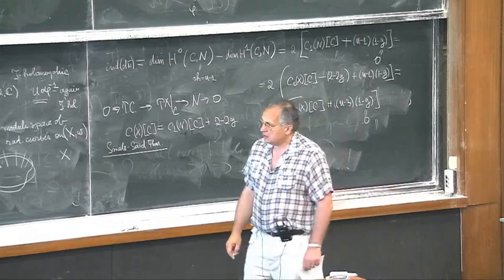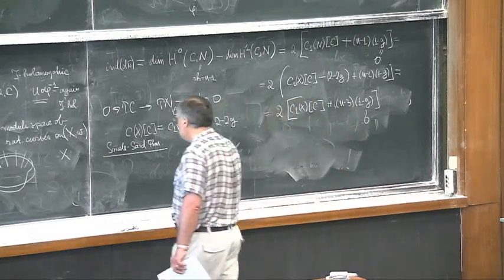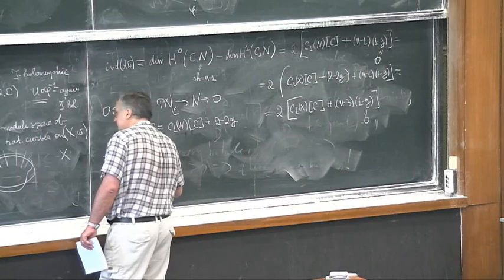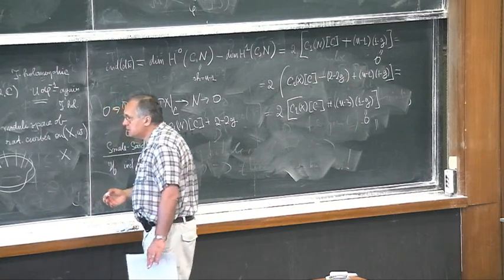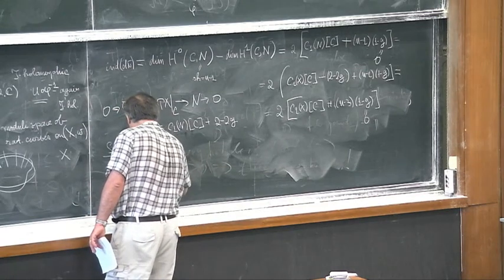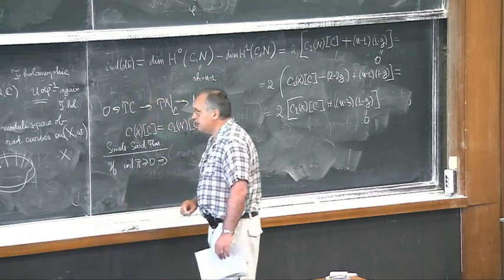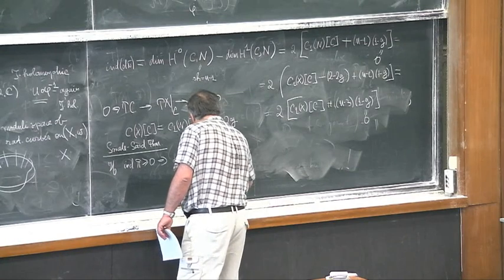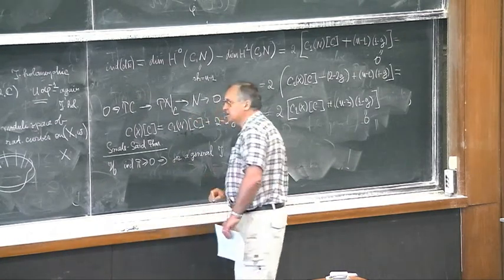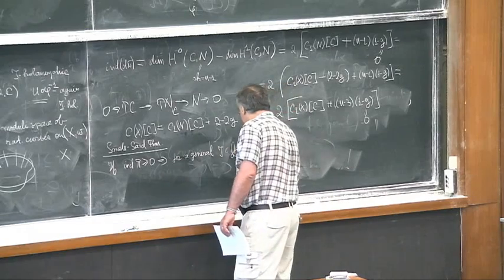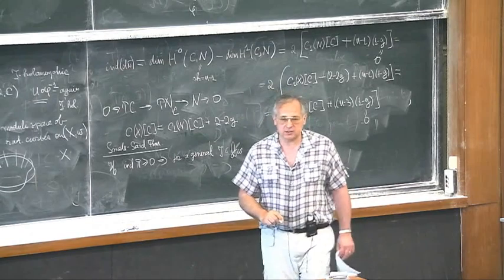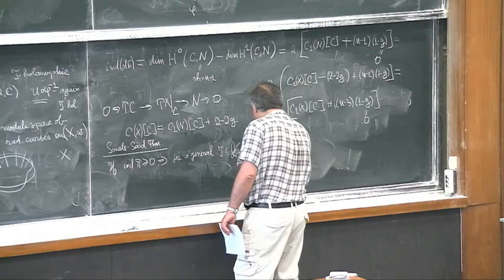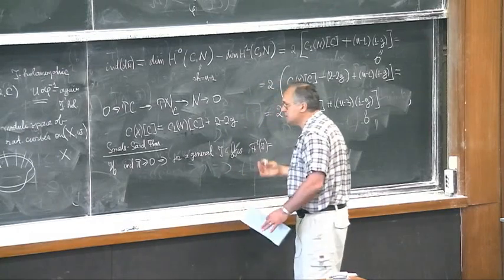If you have a Fredholm map, and if the index of this map is positive, then for a general J, general in the sense of category, for the set of second Baire category, pi minus 1 of J, this is a manifold of curves.